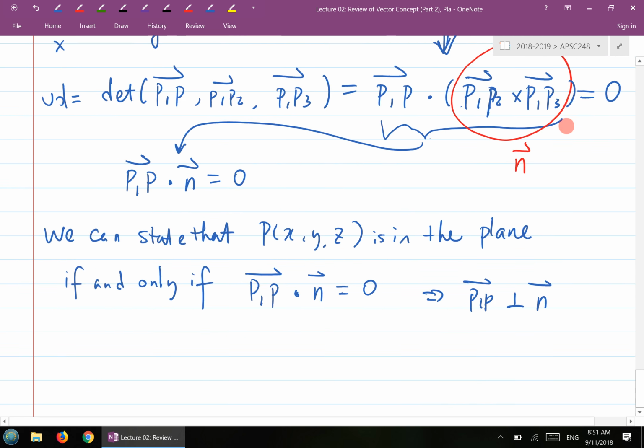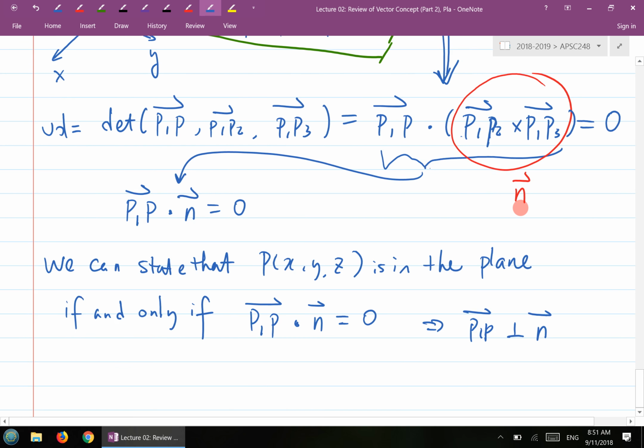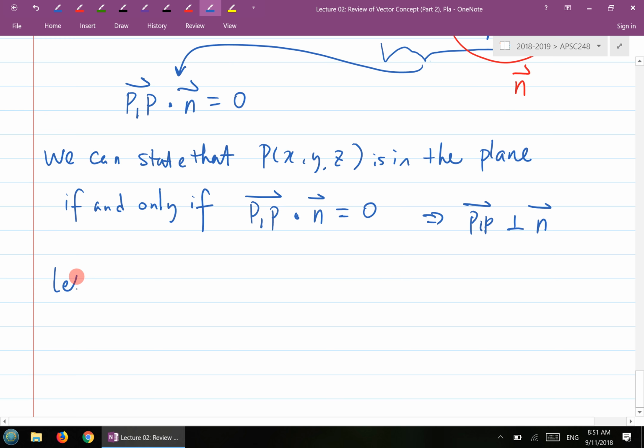So it's important to understand this, because the next step is, see where the n is from, right? n coming from the cross product. So I'm going to let this n, remember, the n is the perpendicular vector to the plane, and I'm going to let it equal to a known vector using symbols.